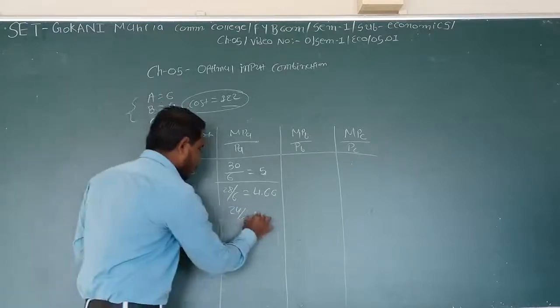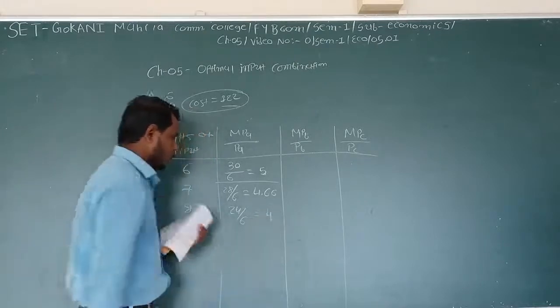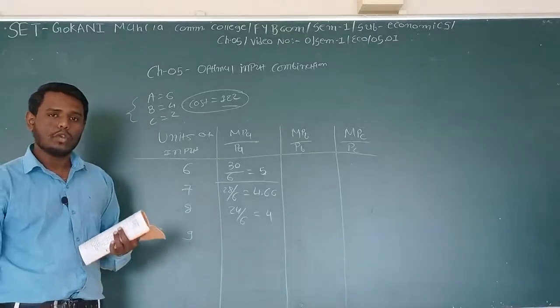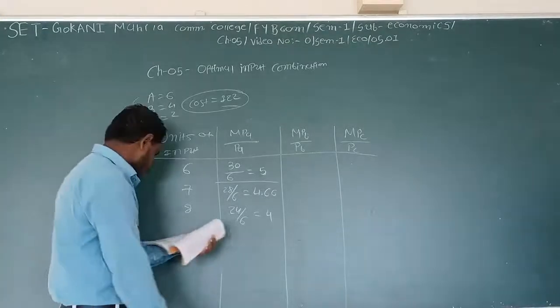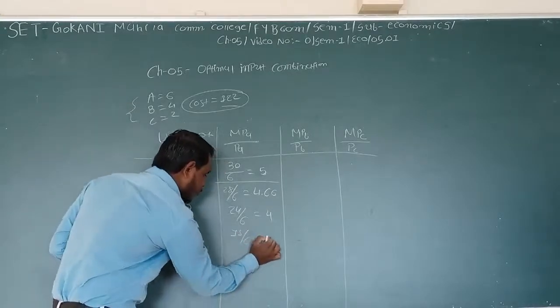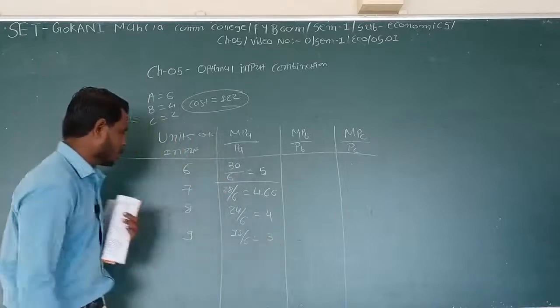So 24 divided by 6, here you will get 4. After that, if you use 9 units of input A, 18 divided by 6, that is 3.